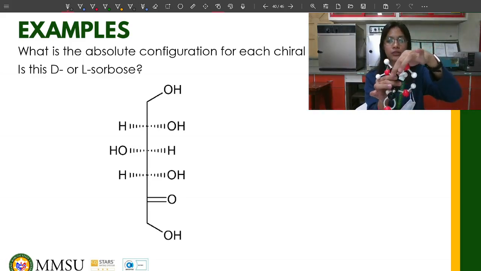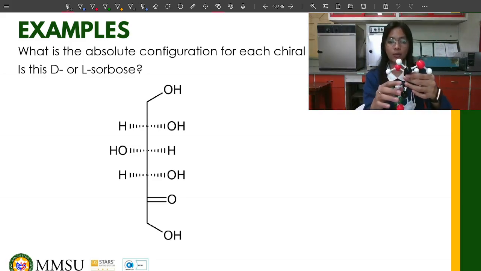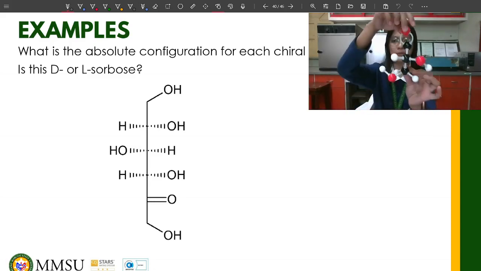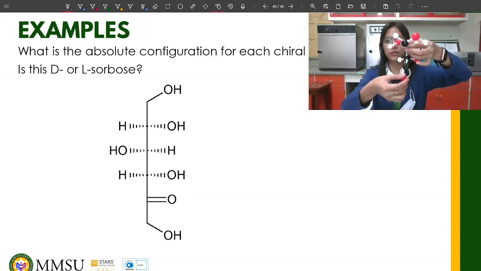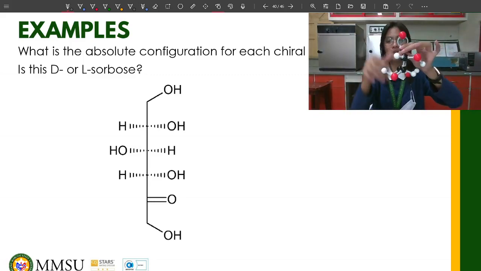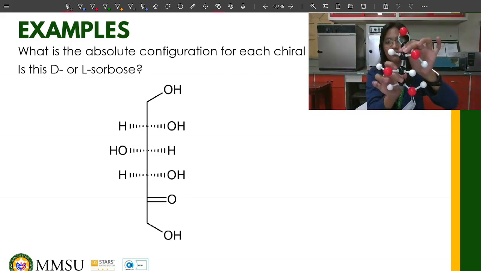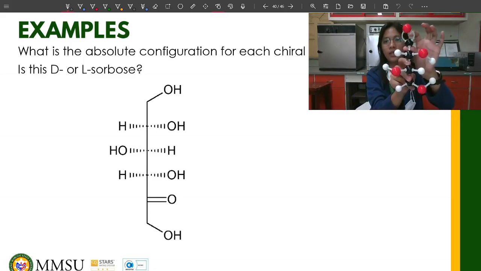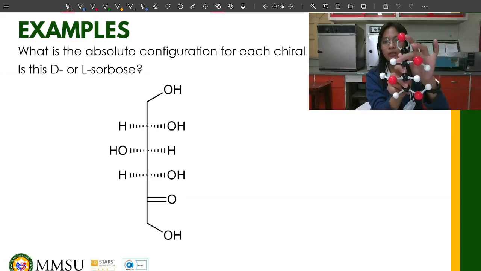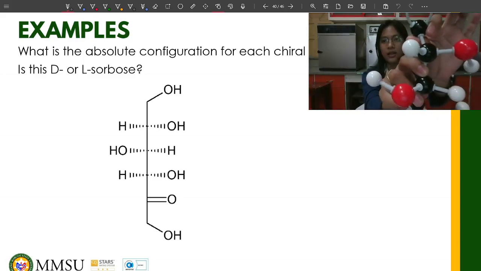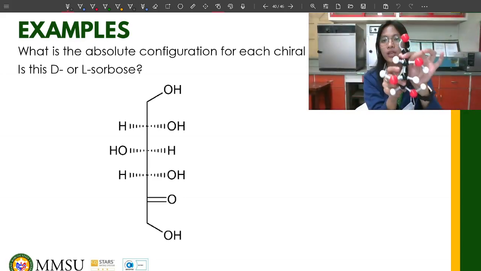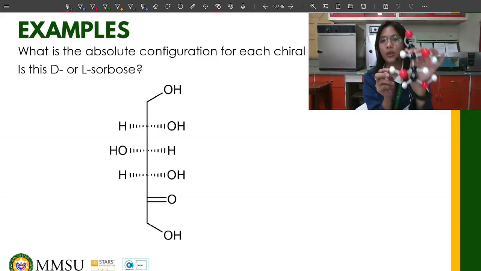Ganito. And then, we try the second one, which is paharap siya. Ganito. Paharap natin. And then, i-stretch ko lang konti para makita nyo. So, ganyan na yung itsura niya. So, makikita nyo yung C double bond O nasa taas. And then, yung mga horizontals is nakapaharap na sa inyo. So, this is the Fischer projection we are looking for.